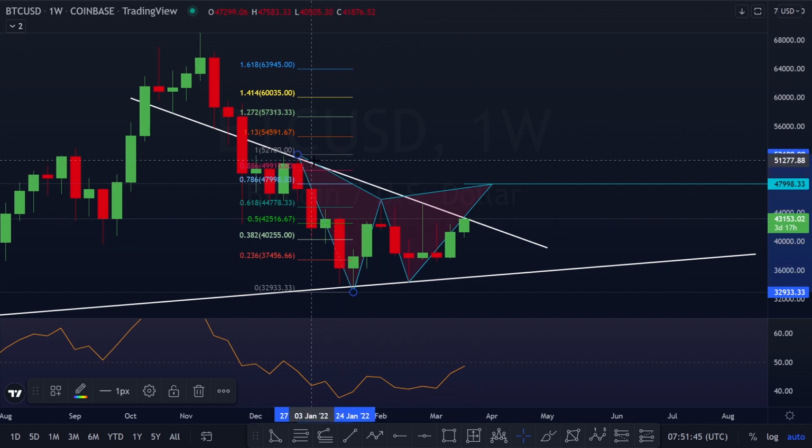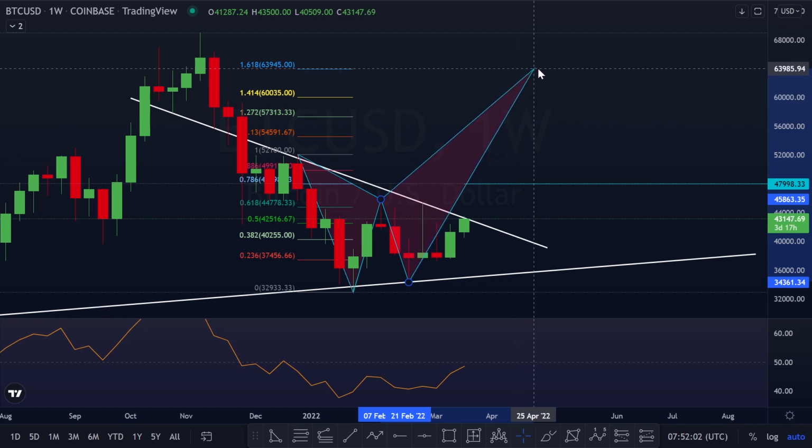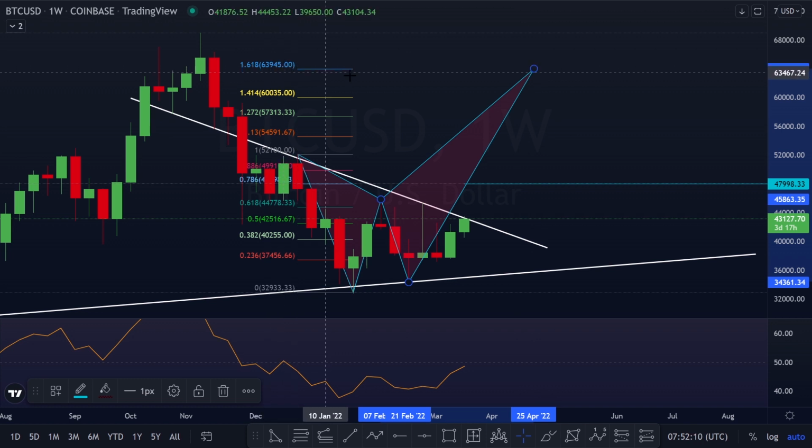Now, the only other option to play out as a harmonic pattern would be the crab. So that means we are going to get a pump. Bitcoin is going to get a pump towards the previous all-time high, which is around 63,945.